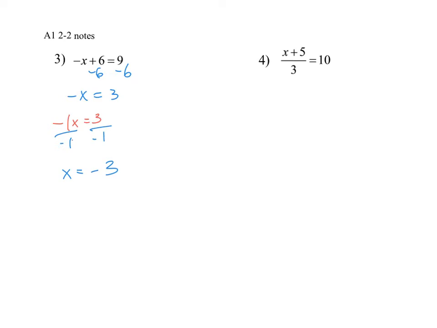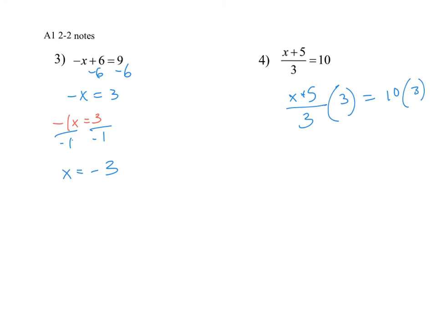Okay, the first thing that I'm going to do on number 4 is I'm going to multiply each side by 3. All right, so here's the way it's going to look. (x plus 5) divided by 3 times 3 is equal to 10 times 3.